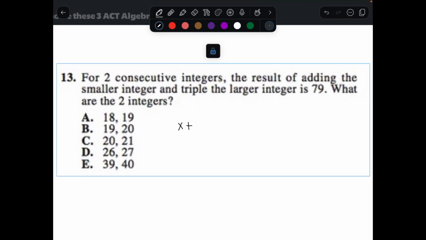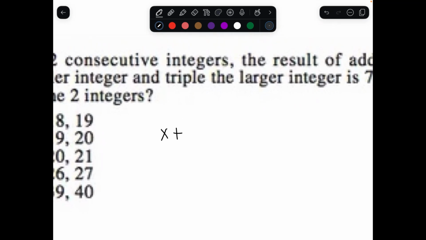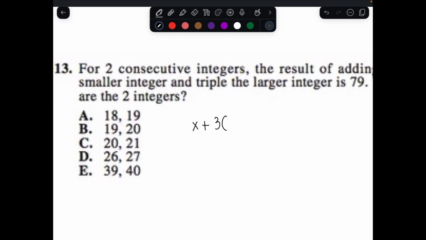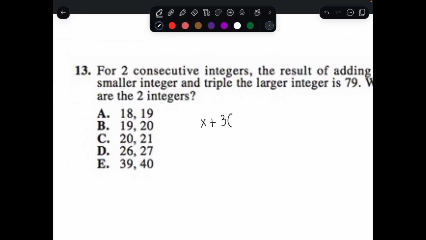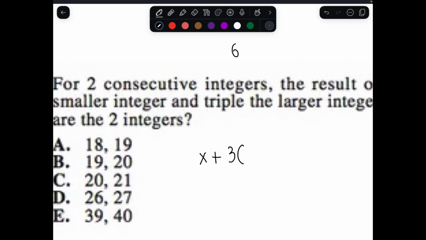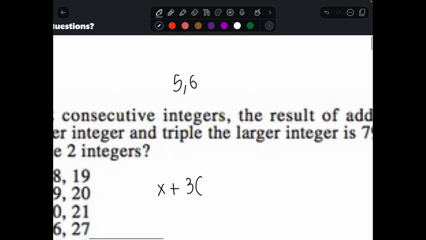plus triple, so 3 parentheses, and it says the larger integer. Notice it says for 2 consecutive integers. Consecutive just means the integer after a number. So 5 and 6 are consecutive integers, as 6 is consecutive to 5. 8 and 7 are consecutive integers, 8 is consecutive to 7.